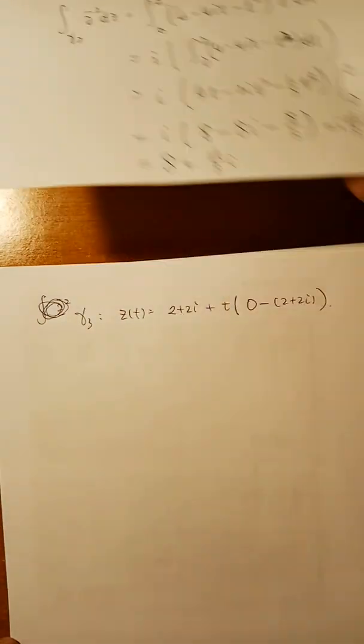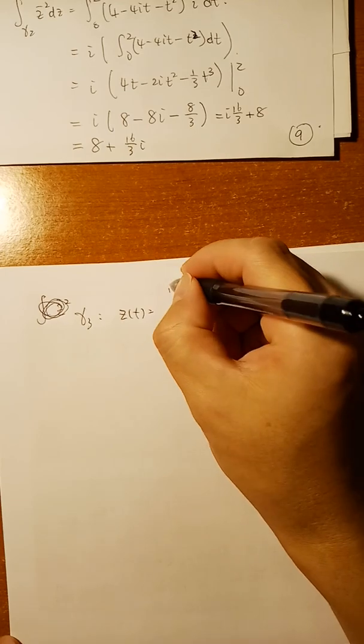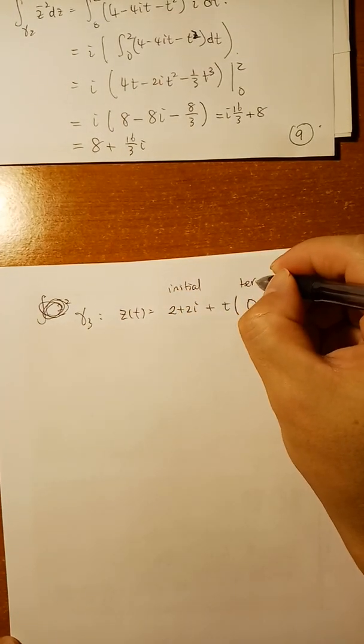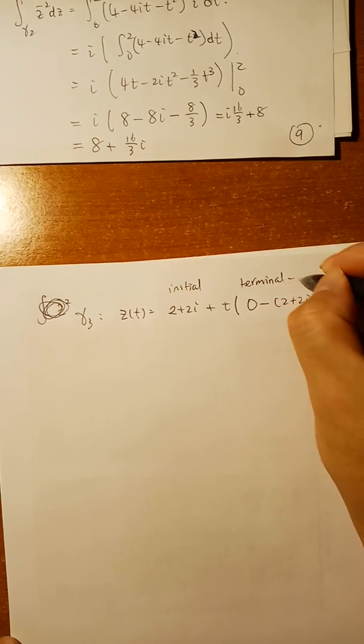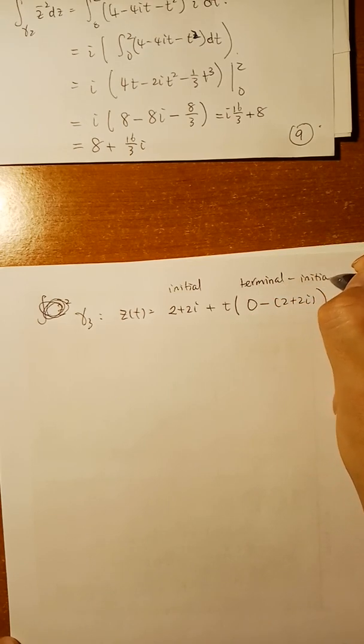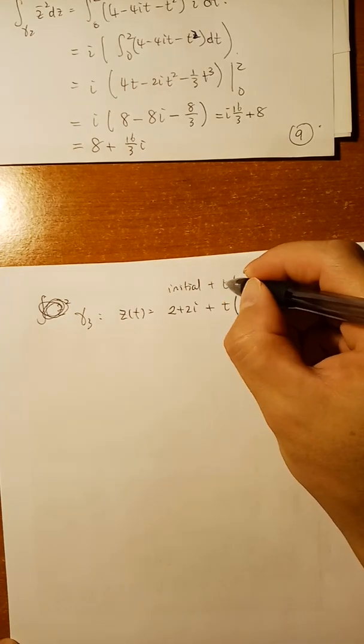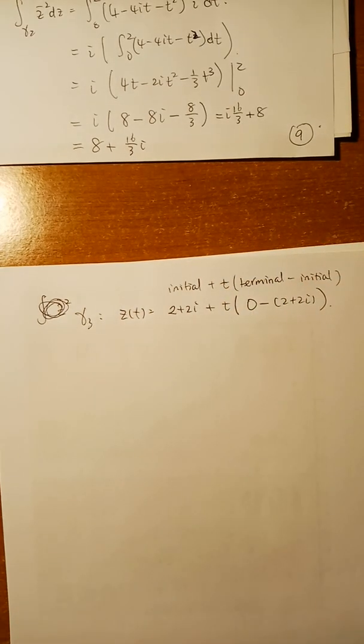Okay, so that's always the case. You have initial, and terminal minus initial, and times t. That's a straight segment, a directed segment.